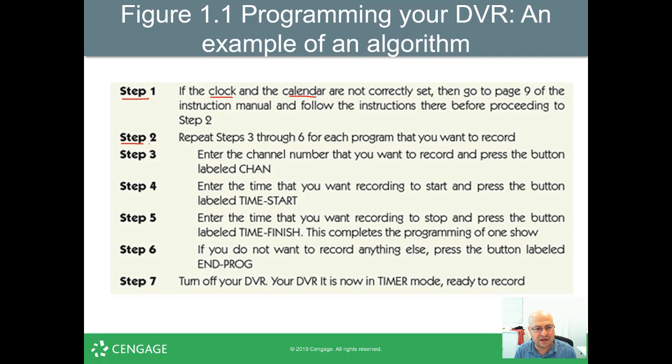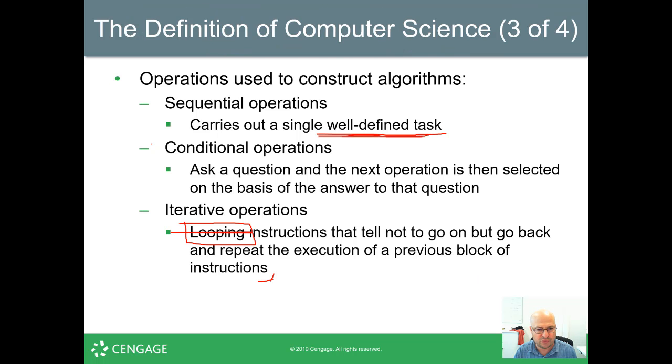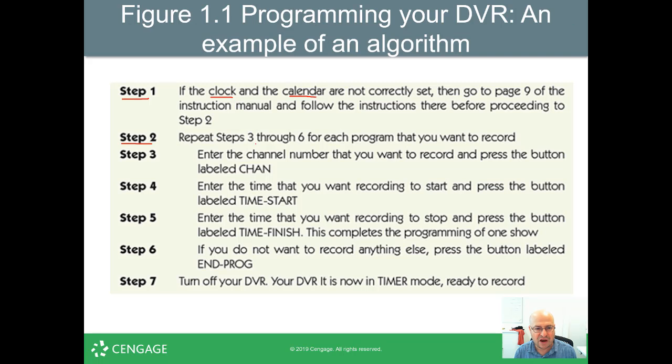Now this is an iterative instruction, one of these looping instructions, which is: repeat steps 3 through 6 for each program that you want to record. Step 3, enter the channel number that you want to record and press the button labeled channel. Step 4, enter the time that you want the recording to start and press the button labeled time start.